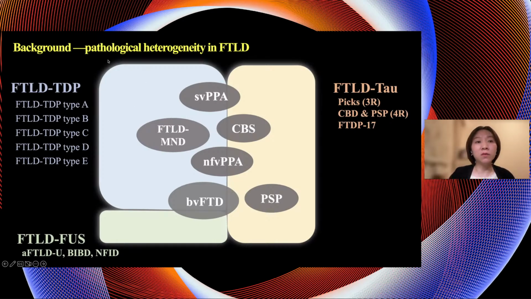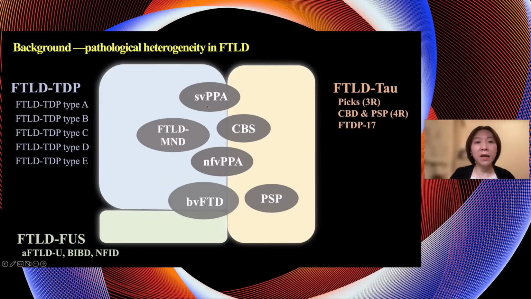Even within the TDP pathology we have different subtypes, and in the tau pathology we have different subtypes, including 3R and 4R isoforms. For the clinical syndromes we mentioned before, in bvFTD we can have all three kinds of pathology.